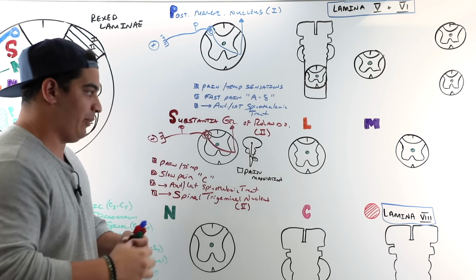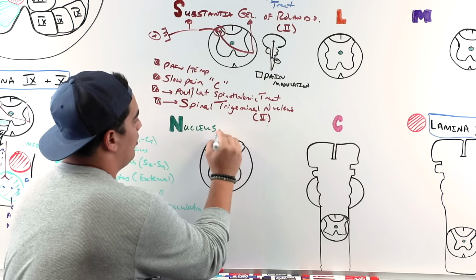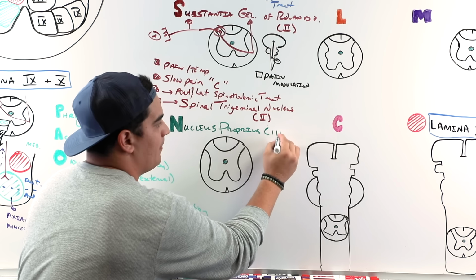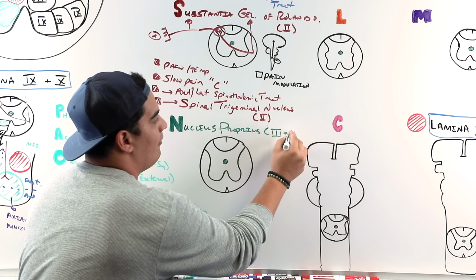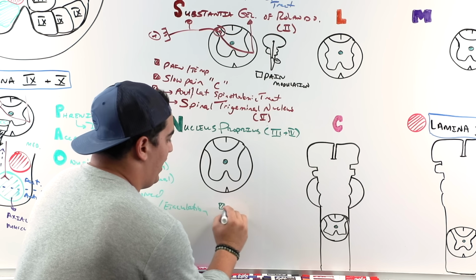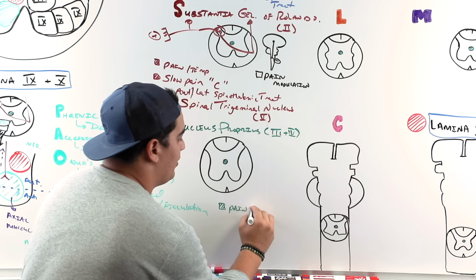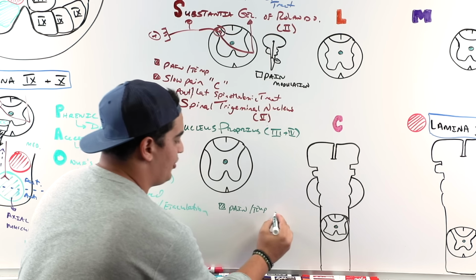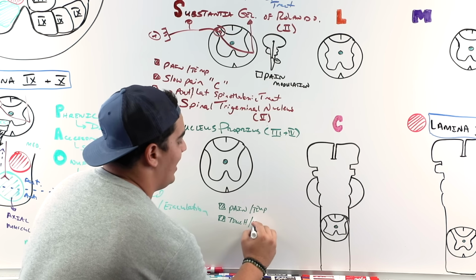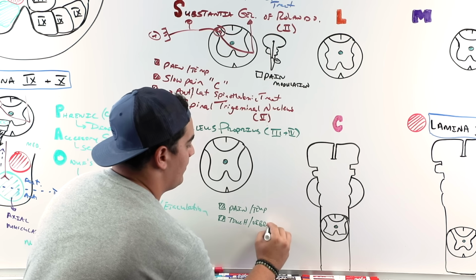Boom, let's move on. So next one, we have the nucleus proprius. You guys remember this one? We already talked about that it occupies laminas 3 and 4. Big thing I want you to know about this one: it takes pain and temperature sensations. It takes touch. It takes vibration sense.